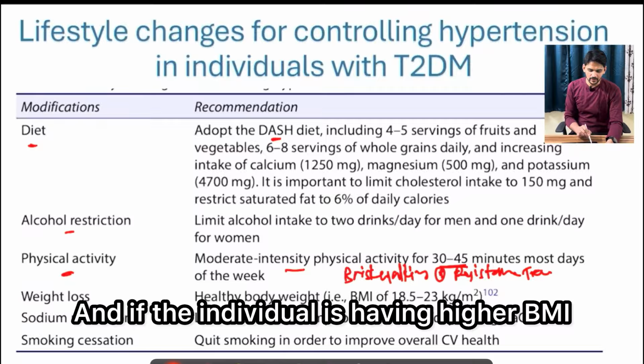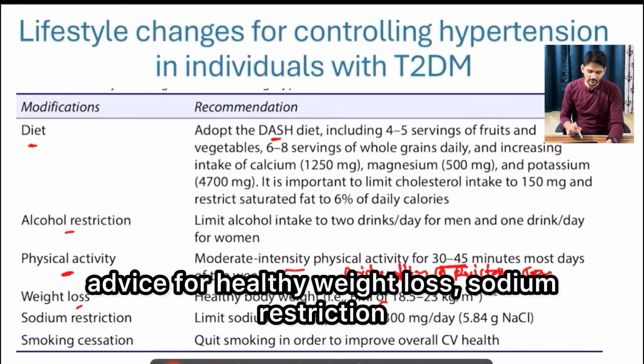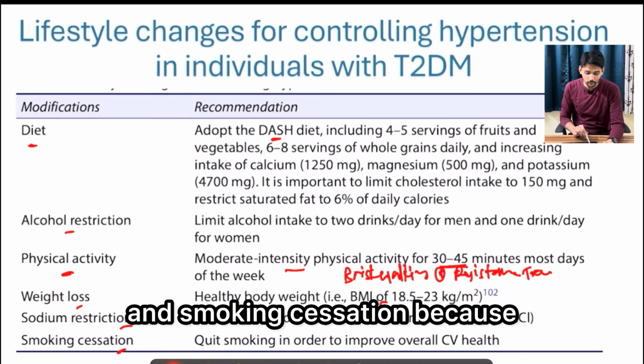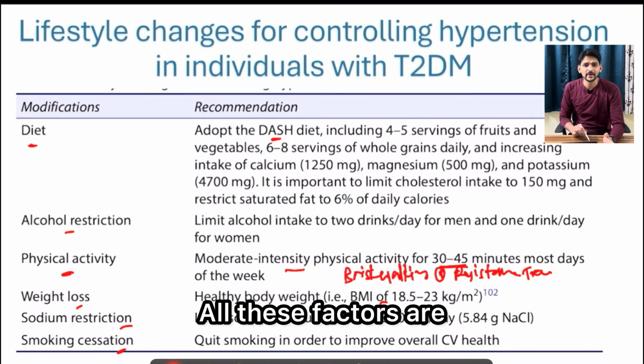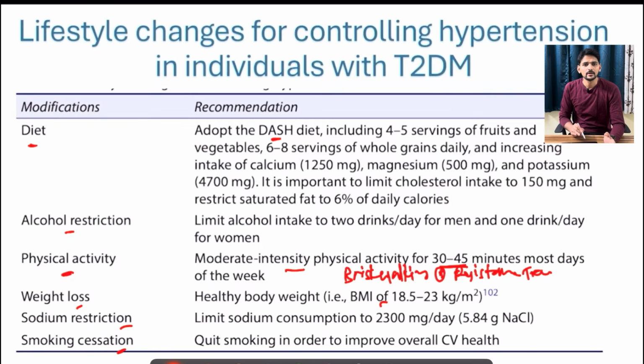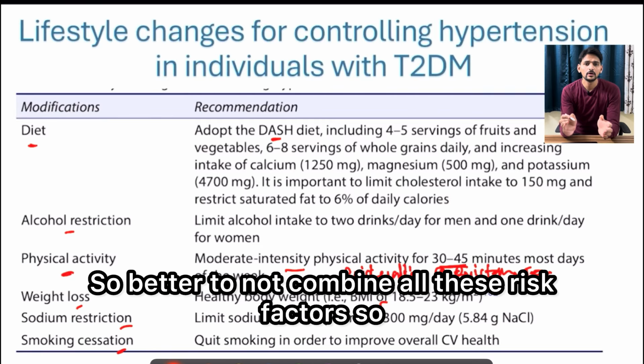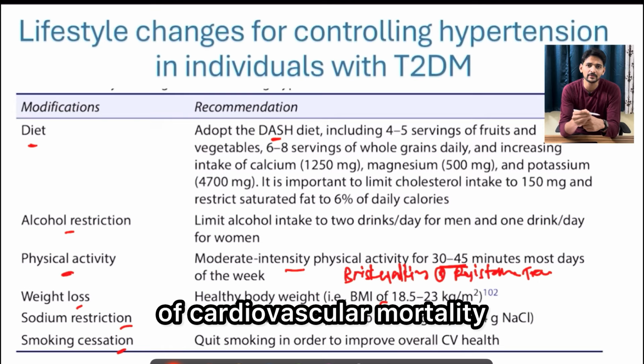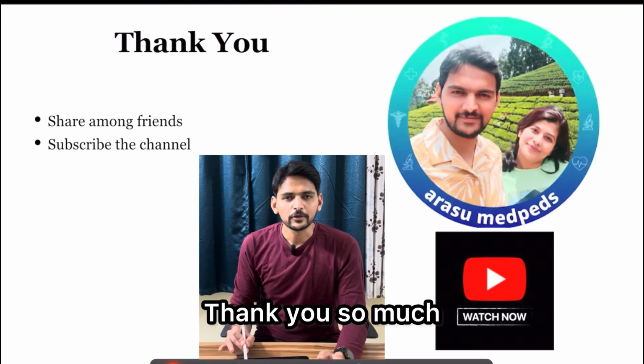And if the individual is having higher BMI, advise healthy weight loss, sodium restriction, which already mentioned, and smoking cessation, because all these factors are the risk factors for cardiovascular mortality by their own. So better to not combine all these risk factors so that there will be even higher risk of cardiovascular mortality.